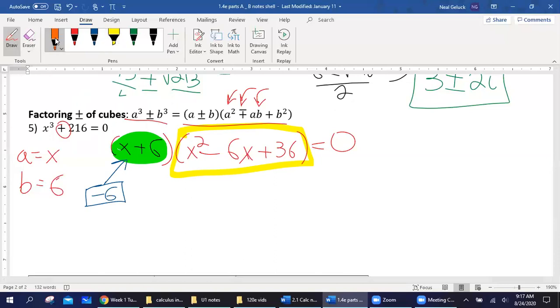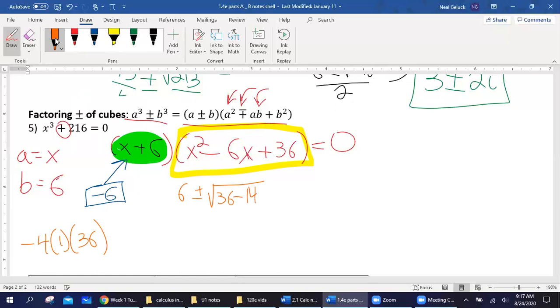This would be -b, so that's going to be +6, plus or minus the square root of b squared, 36. Off to the side if you need to, -4 times a times c. So that's going to give you, let's see, what is that? 128, I think.